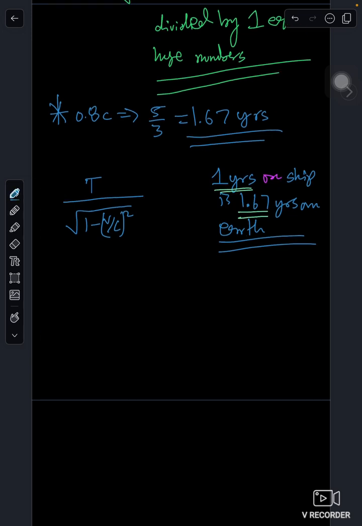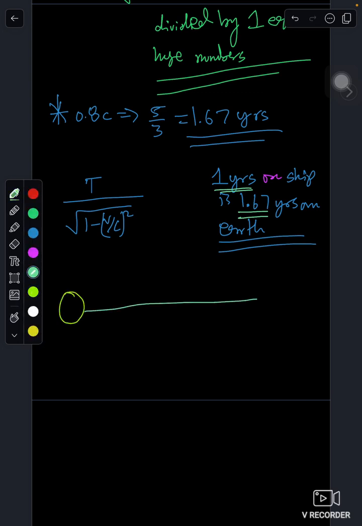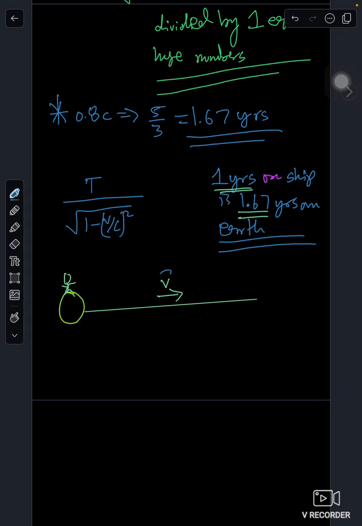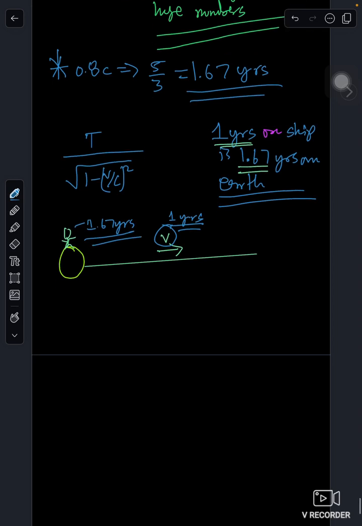So in terms of stationary, if I make a diagram for it, the person is over here, and this is the traveling person. For him, when 1 year has passed, for this guy 1.67 years have passed.